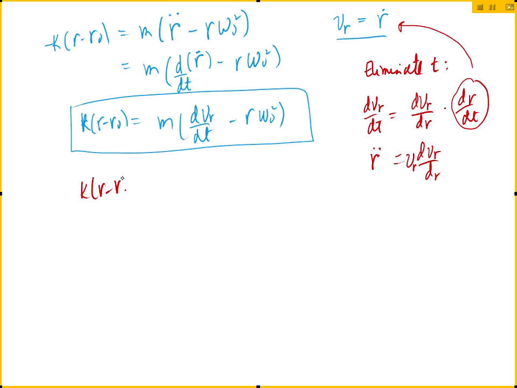Okay. So what we have now is k(r minus r naught) equals m VR dVR/dr minus m r omega naught squared. I'm attempting to separate now. So what do I need to do? I need to move everything that has an r to the left side.